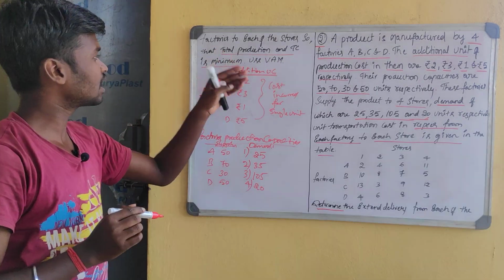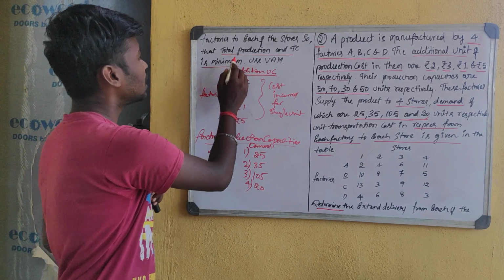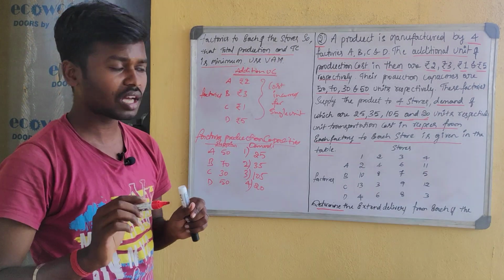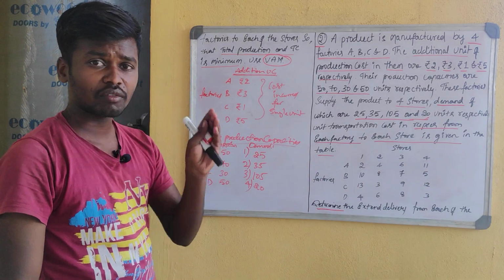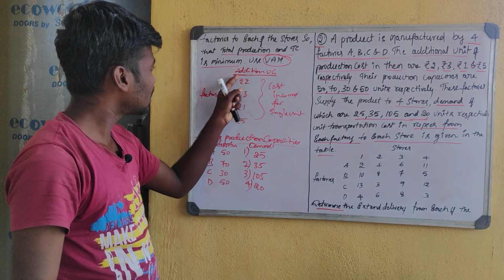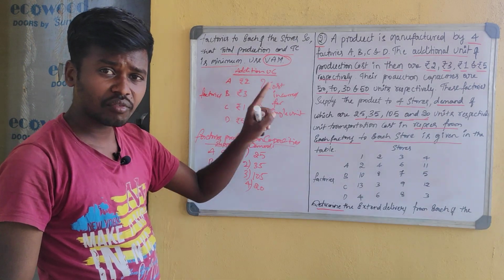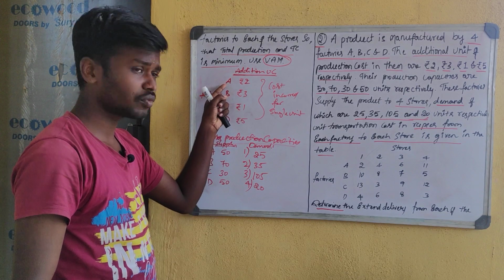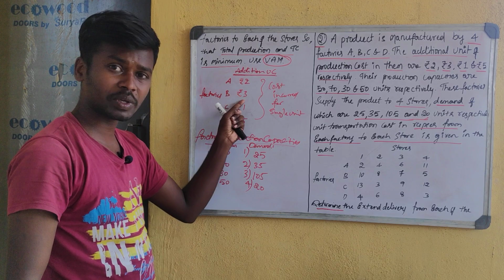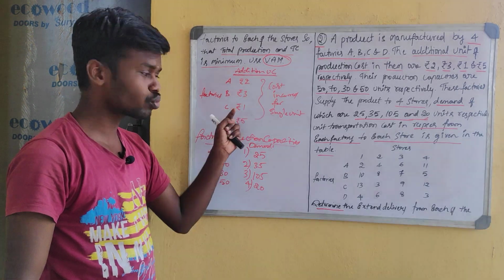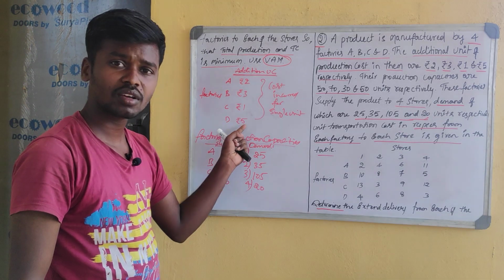Ultimately we are going to calculate the total transportation cost by applying Vogel's approximation method, and we have to keep in mind the additional unit cost for a single unit: factory A is rupees 2, factory B rupees 3, factory C rupees 1 and factory D rupees 5.